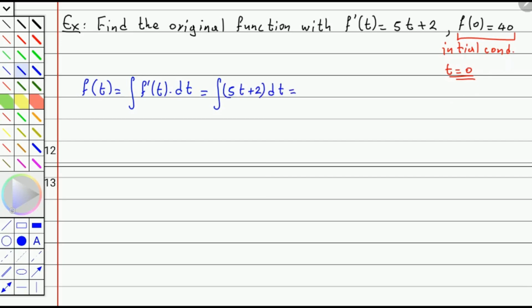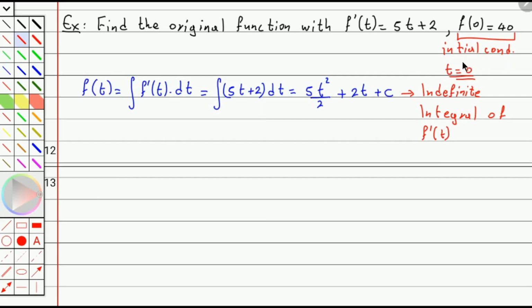Once again we have t to the first, so we increase its exponent by 1 and divide by the new exponent, and the plus 2 times 1 will be multiplied by t. So we have 5t squared over 2 plus 2t plus c, and this is exactly what we call the indefinite integral of f prime of t.